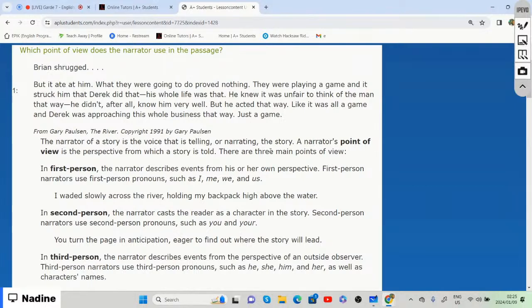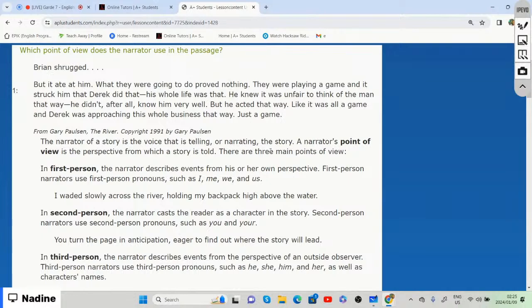So we now need to say which point of view the narrator uses in the passage. I'm going to read it again. Brian shrugged, but it ate at him. Look at the pronoun him. What they were going to do proved nothing.